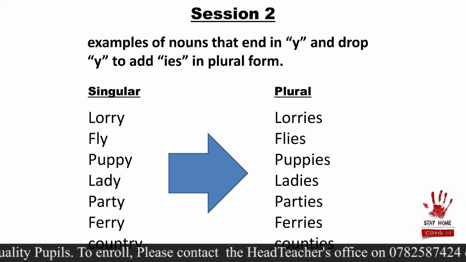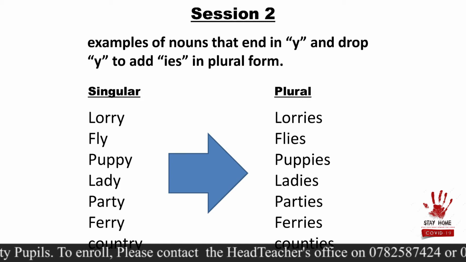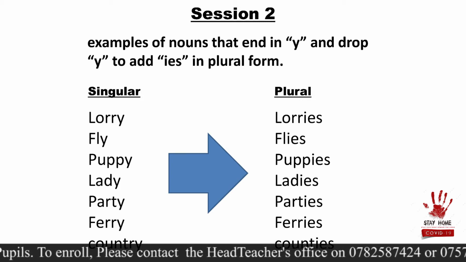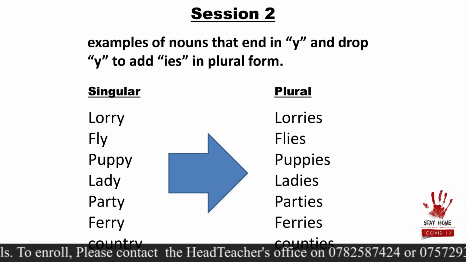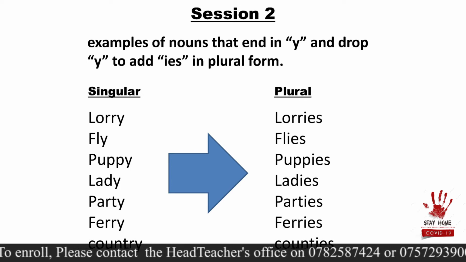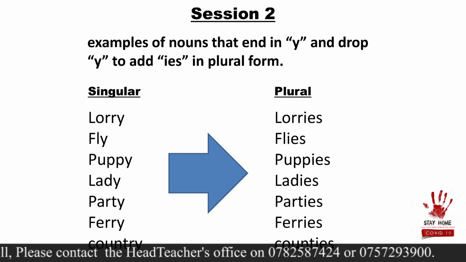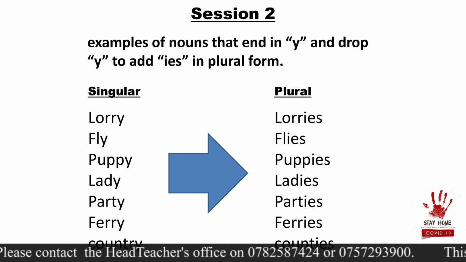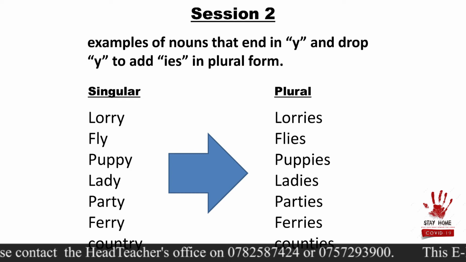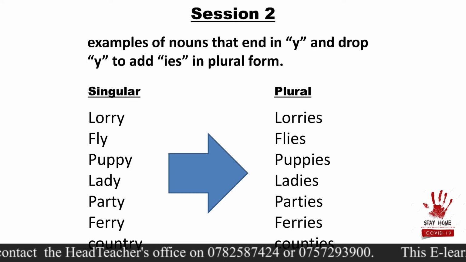We have lorries, so we don't need to put Y there. We just remove Y. Dropping is to remove. We just remove Y and we put I-E-S. And when there are two, we say lorries. When there are three, we say 3 lorries. So lorry changes to lorries.